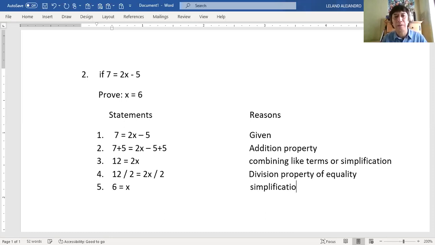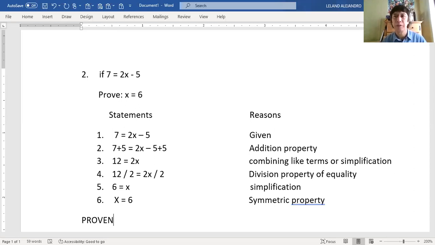And then the next line, we don't usually write 6 equals x. So this must be written x equals 6. And this is by the reason symmetric property. There. And it's now proven.